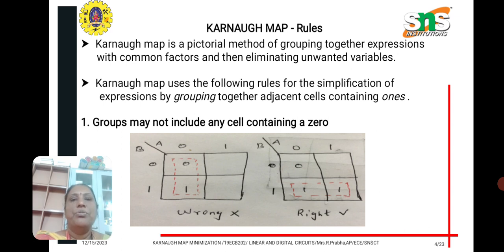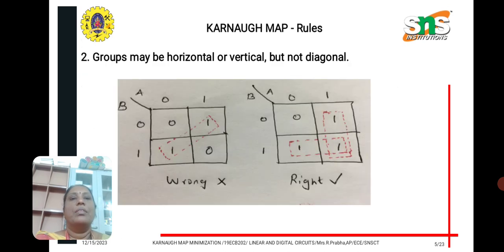So the first rule we see is the groups may not include any cell which contains 0. So in the left hand side diagram, a 0 and 1 is combined and it is wrong. Right hand side diagram, grouping is done only for the ones. So we should always group ones, not 0.